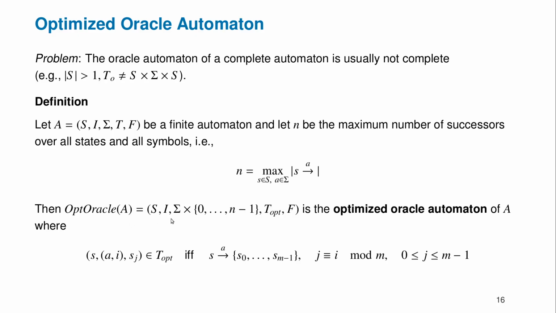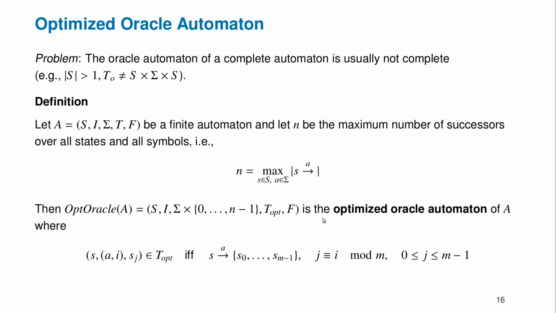Then the Oracle automaton now has as alphabet not the state as a second component, but a number which is between 0 and n minus 1. And this means we just number the transitions, and then we can really use a dice in order to decide where to go next.